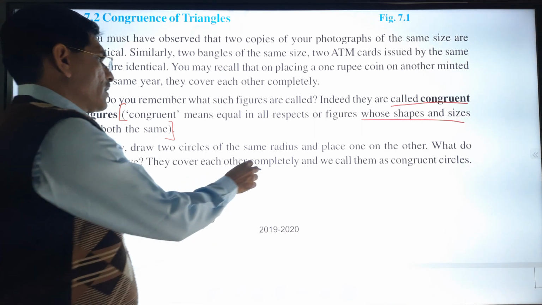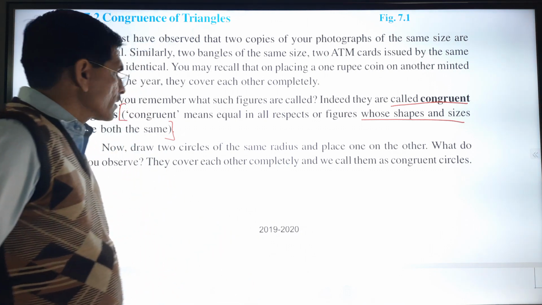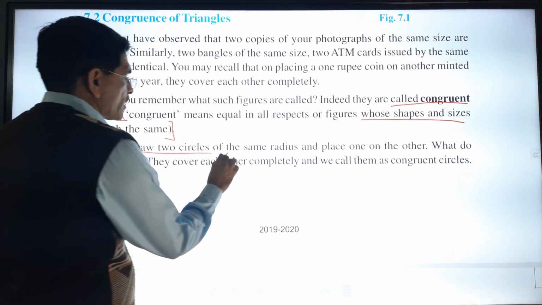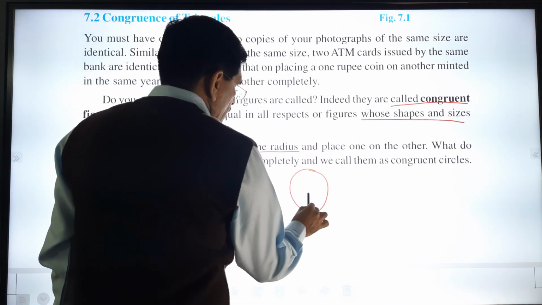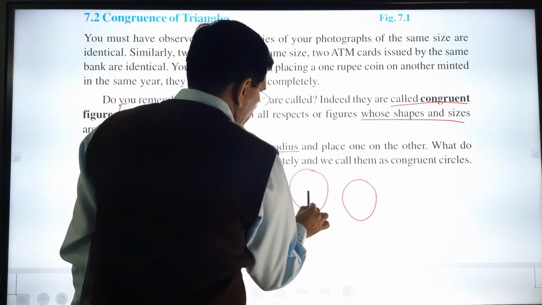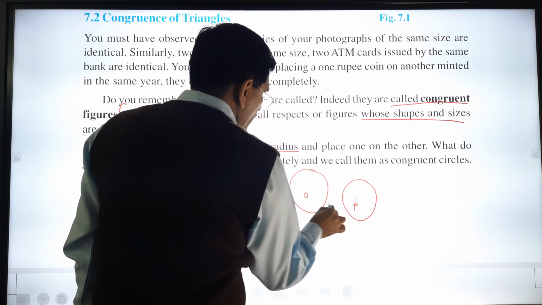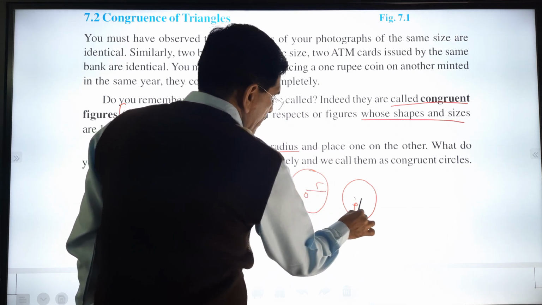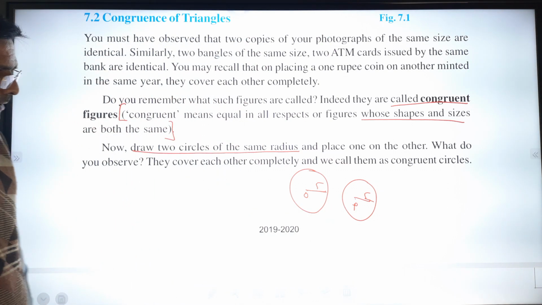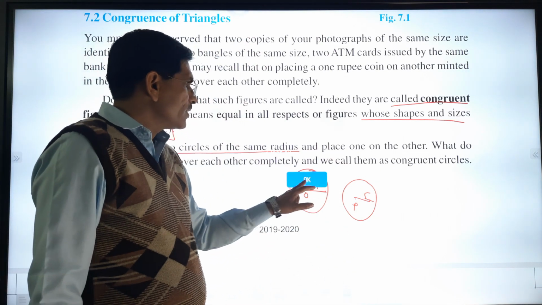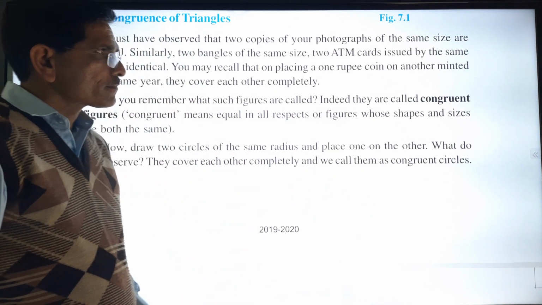They cover each other completely and we call them congruent circles. If I draw two circles with the same radius, if I draw one circle, and the other, both are the same. Here O is the center, P. If here it is 5 cm and here it is again 5 cm, then we can say it is congruent. But we want to discuss the triangle.